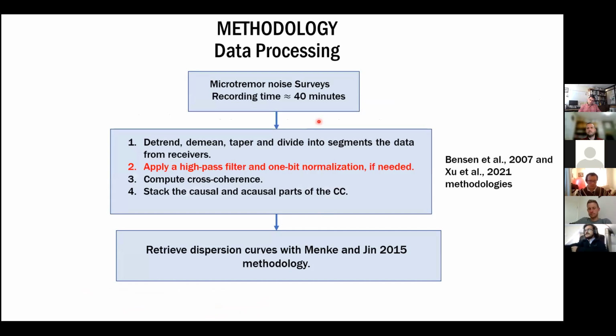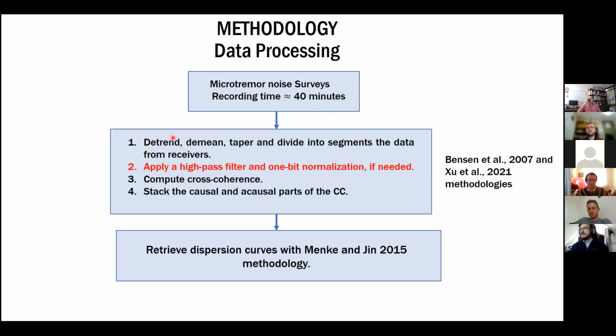How are we going to process the data? We do microtremor noise surveys, and the recorded time is around 40 minutes. We know this is not the ideal recording time, but the literature says, and my experience with the preliminary results shows, that it should be enough.